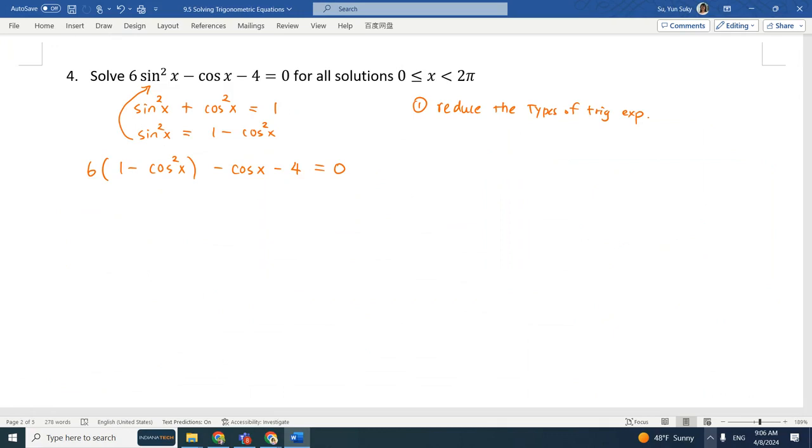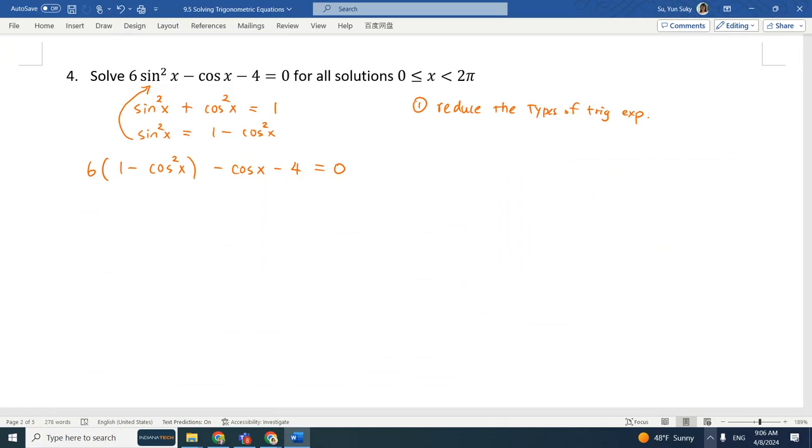So we check the types of trig functions and we check the angle. It's the same angle, x. If you see 2x and x, you also need to use the double angle formula. But here, because it's the same angle, we don't need the double angle formula.